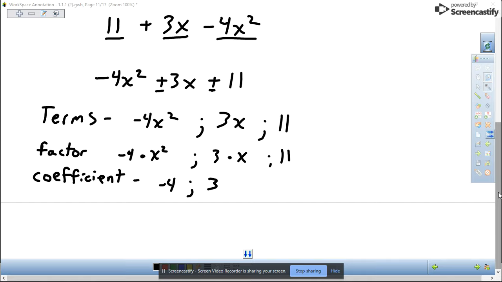So this last one does not have a coefficient. And that brings us to the last thing we'll talk about, which is the constant. And the constant is always the number that doesn't change. It's the term that does not contain a variable. Okay, so in this case, the 11 would be our constant.